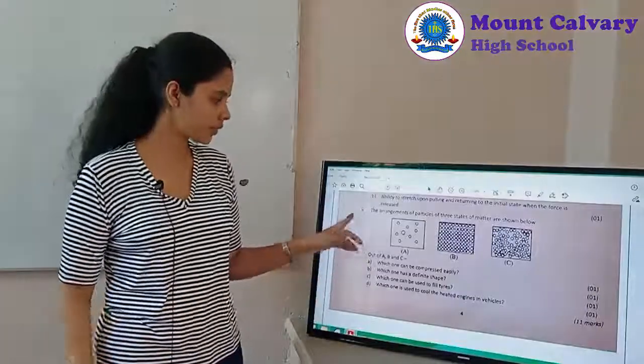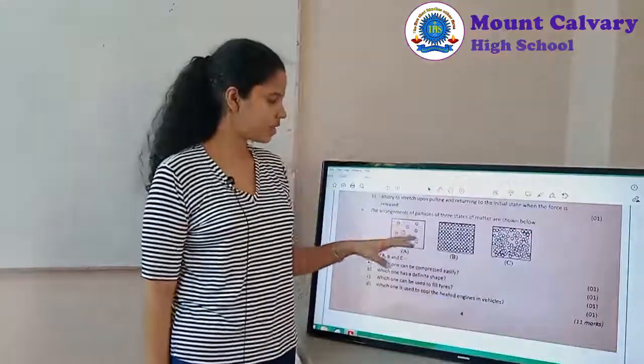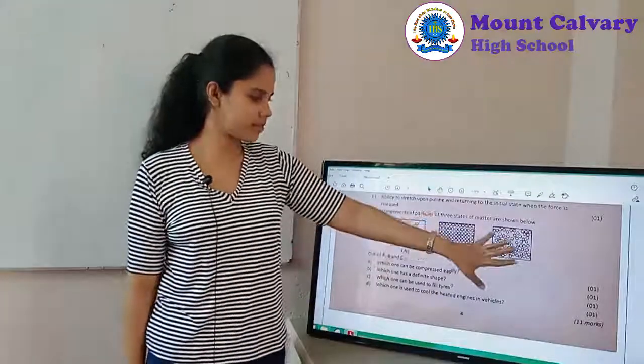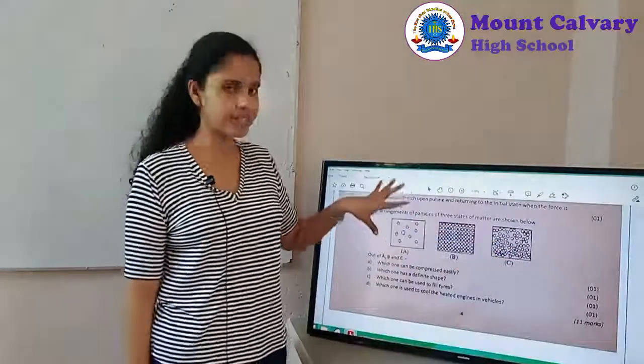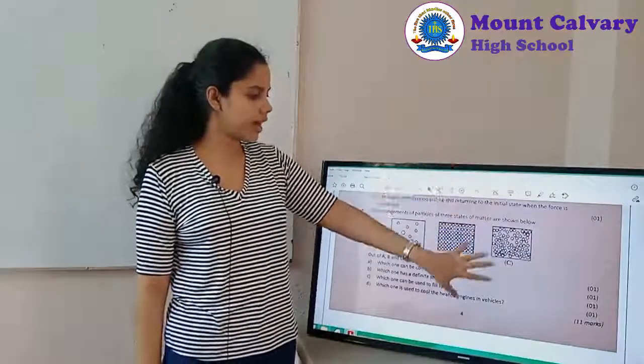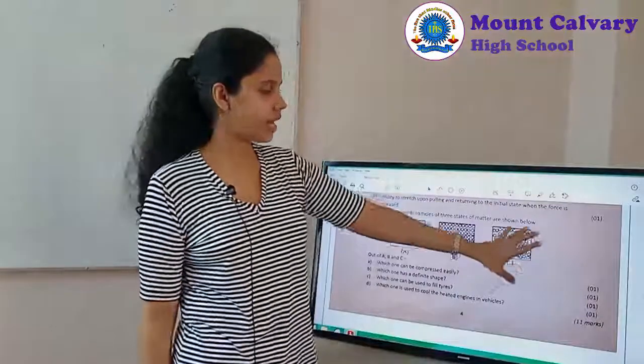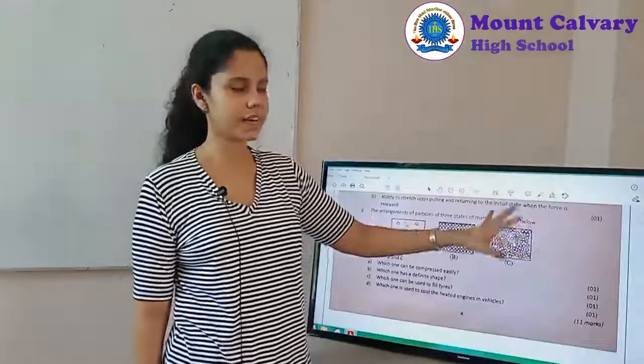Okay, then fifth question. Here they have given you three diagrams, right? Now you already know what the diagrams are here. This is a gas substance. This is the particle arrangement in a solid substance. And this is the particle arrangement of a liquid substance.